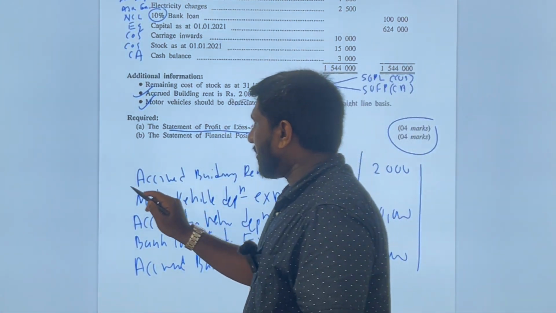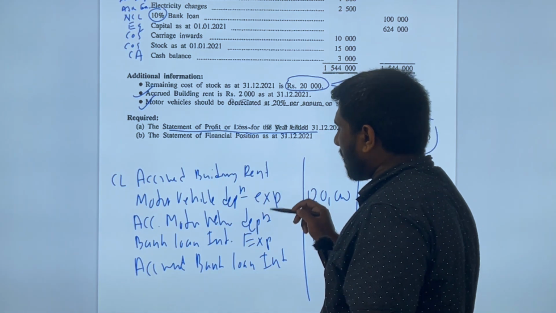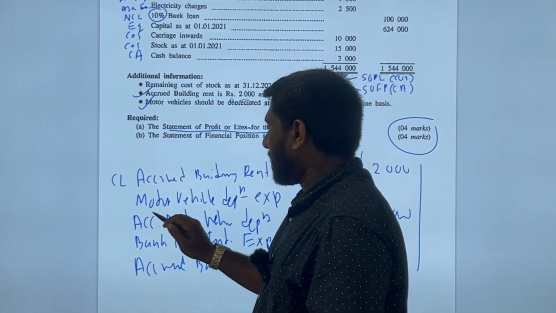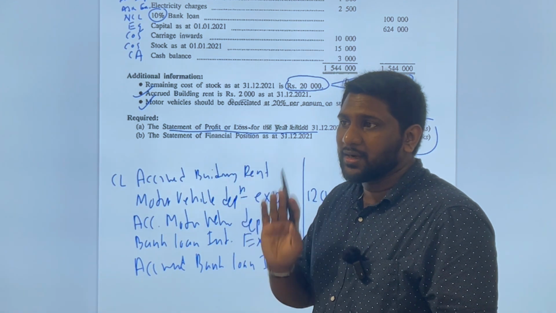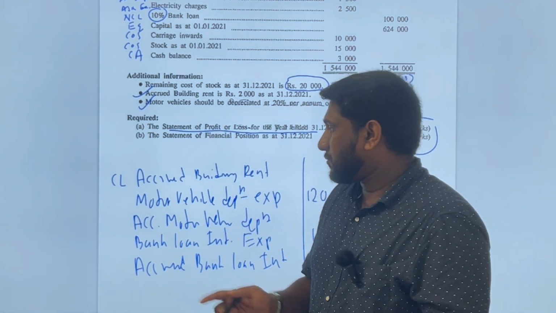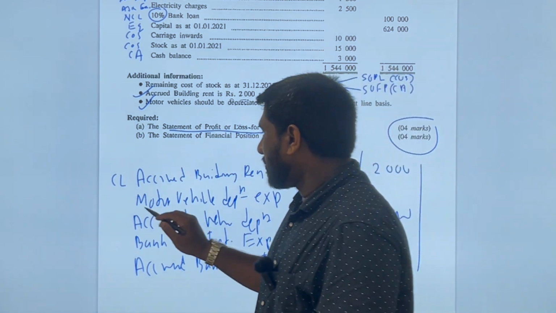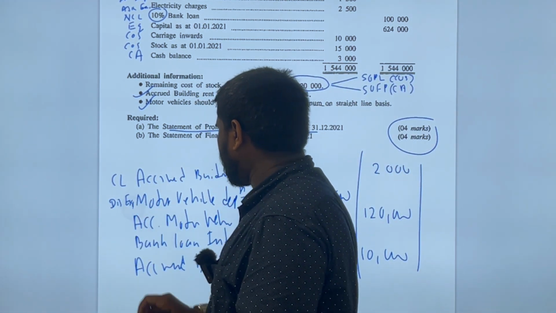And apart from that, we added another few lines. Accrued building rent which is not yet paid, current liability. Motor vehicle depreciation expense, not machine depreciation, furniture depreciation. Machine depreciation, furniture depreciation, admin expense. This is motor vehicle depreciation, so it is distribution expense.